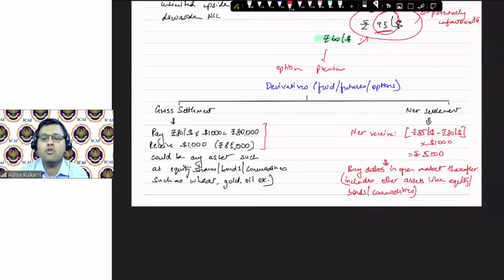Whatever is there, you could be having a net settlement clause that could be fitted in the contract, and that takes care of the entire settlement, okay, to be done on a net basis.